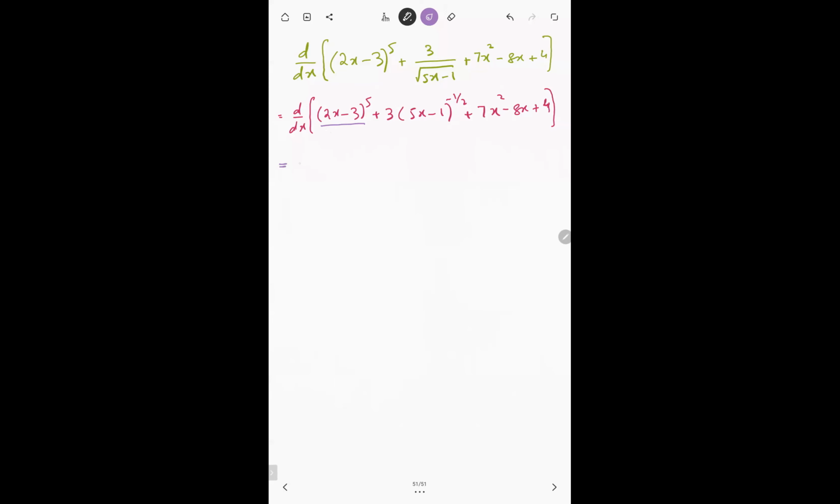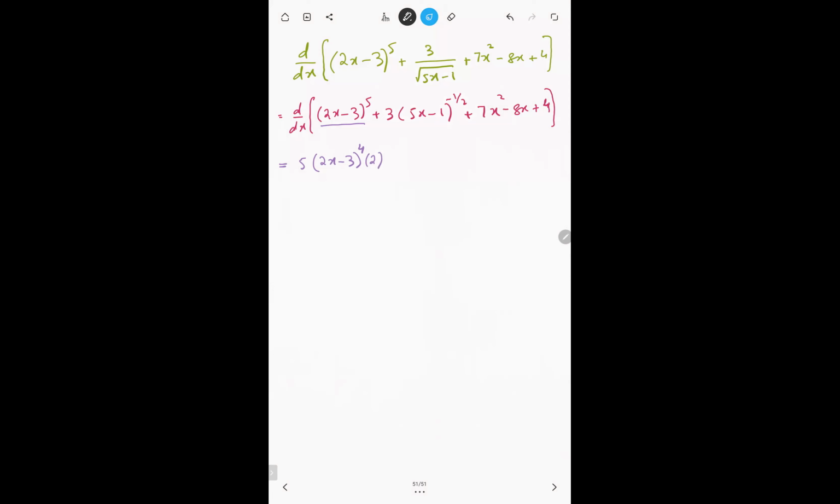The whole power 5 will become the coefficient, into (2x minus 3) as it is, whole power 5 minus 1, which is 4. Then into the differentiation of the inner. The base is 2x minus 3, and its derivative is 2. So into 2. So I have differentiated the first term.